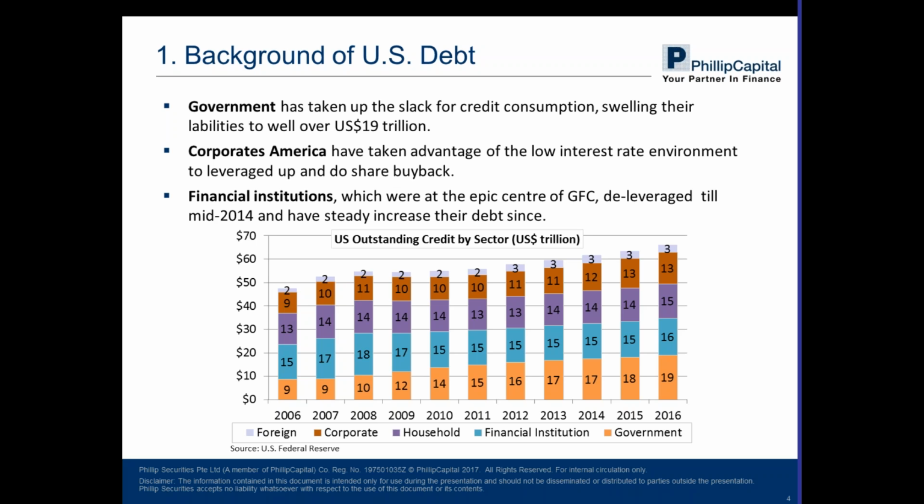But fast forward to 2016, we see that the government now has the largest debt holding among all other sectors. Why is this important for us? Because when there's a crisis, especially a default crisis that happens to a household or corporates or institutions, the government will always be able to step in and help to mitigate the losses.